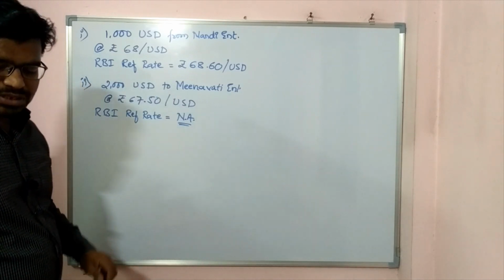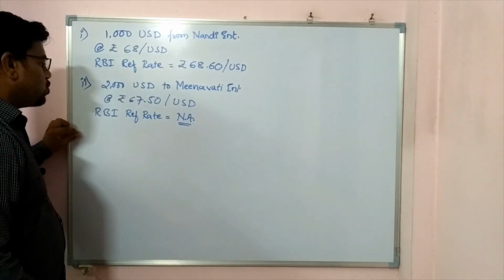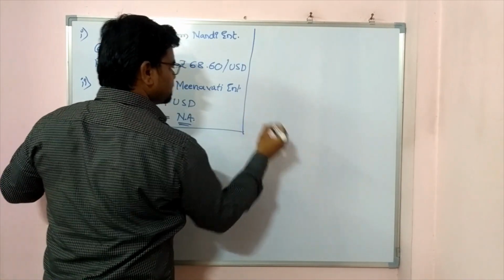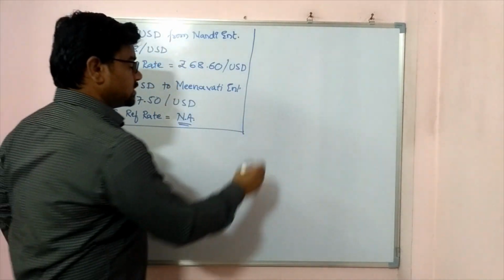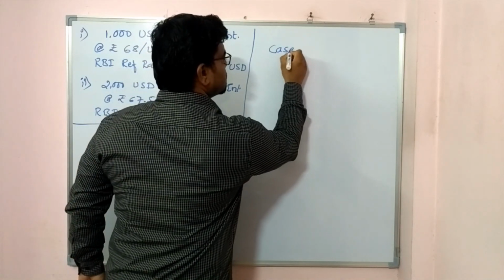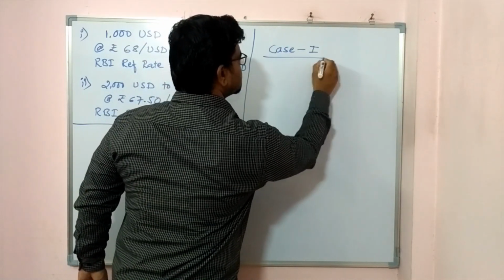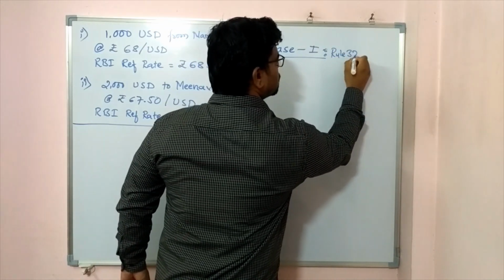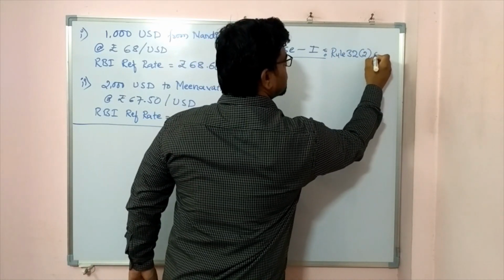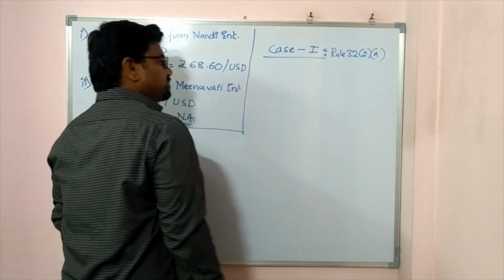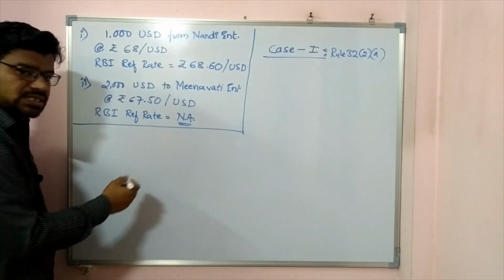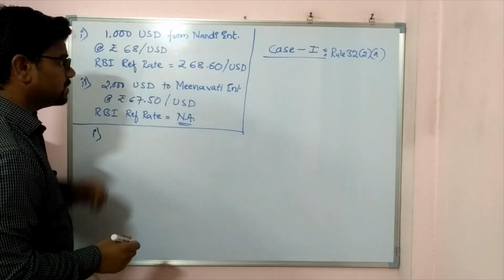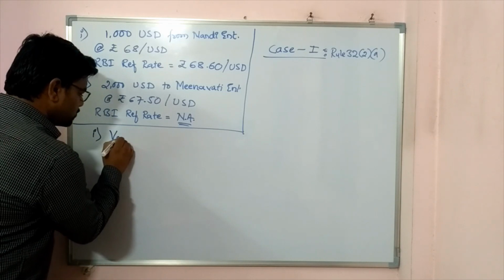Now using this information we have to calculate value of supply currency exchange in both cases, right? We will first start solving this question in case 1. And what is this case 1? It is rule 32 sub rule 2A. First point, $1,000 from Nandi Enterprises. So how do you calculate it?